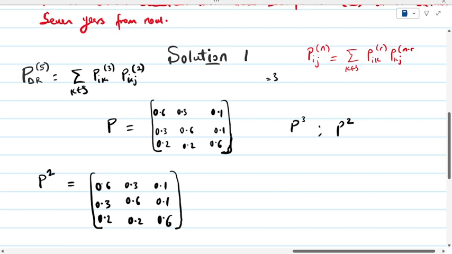To make it faster, I want to make use of my calculator here, but you can do it by hand.